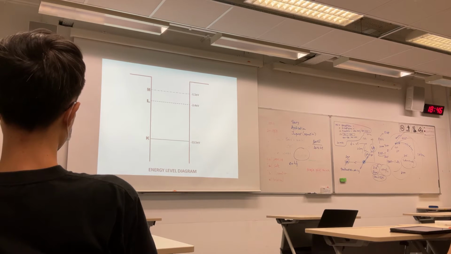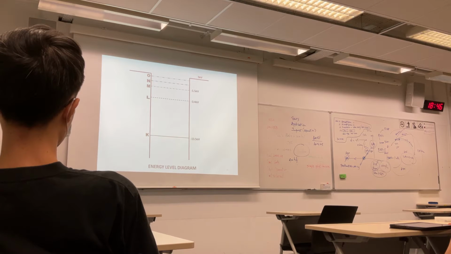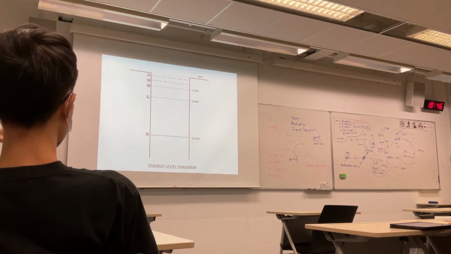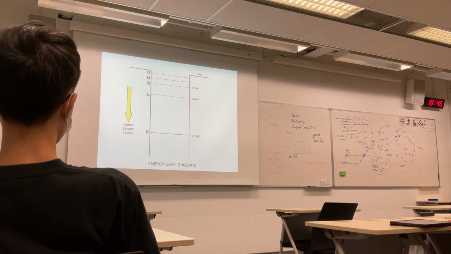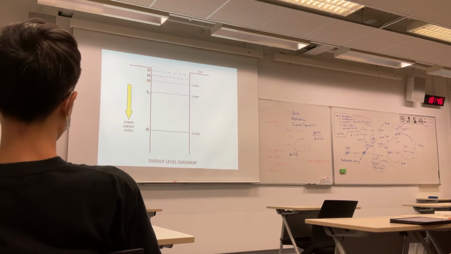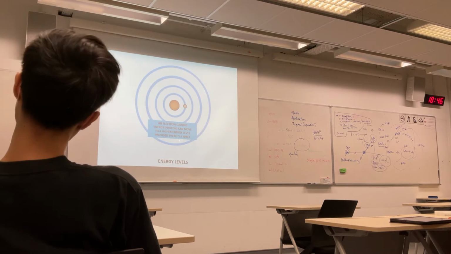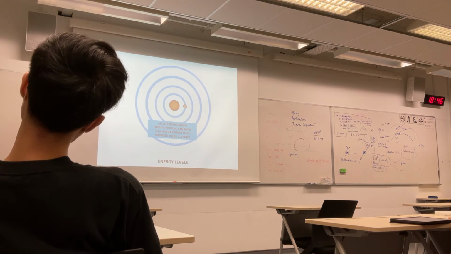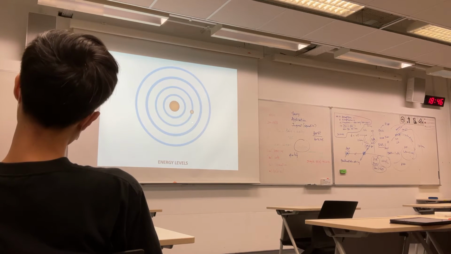Now this energy level, of course I won't ask you a question, but it's very interesting to know how the energy level affects the electron behavior. As you go up from the lower energy level, if an electron accepts a photon, it goes up one more shell, to higher energy.